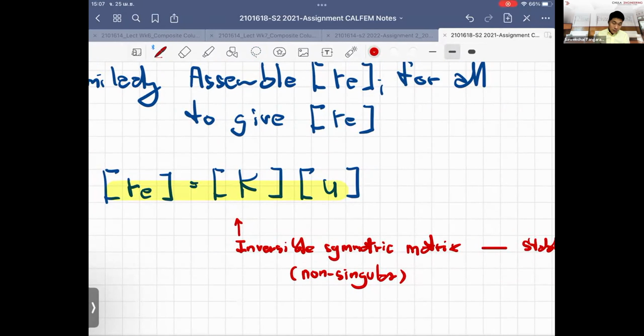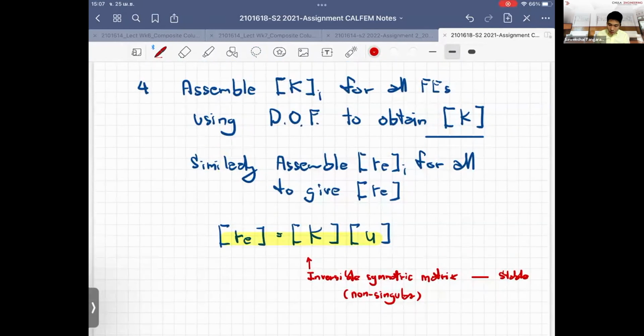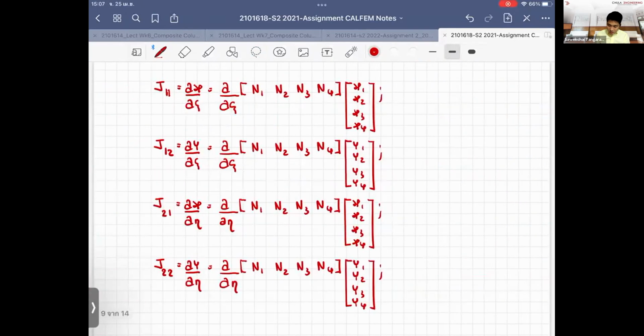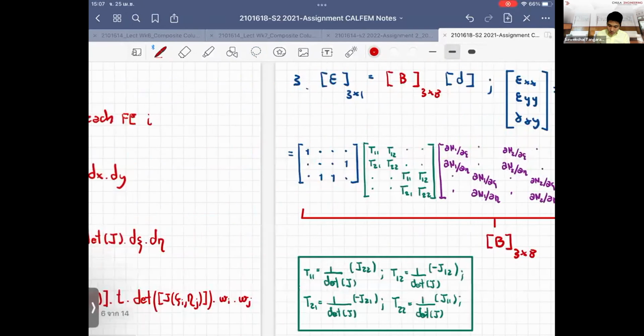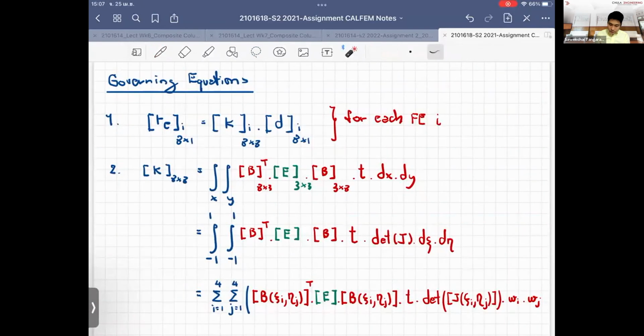And of course, this has to be symmetric, because of the equation that we use. If you refer back to how we form the K matrix, we use this standard equation.